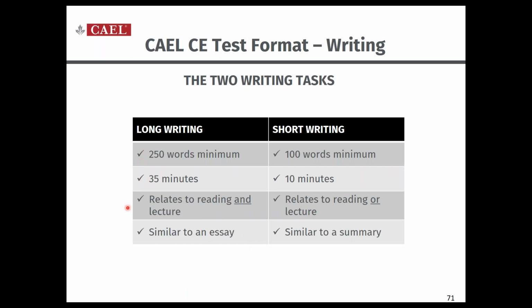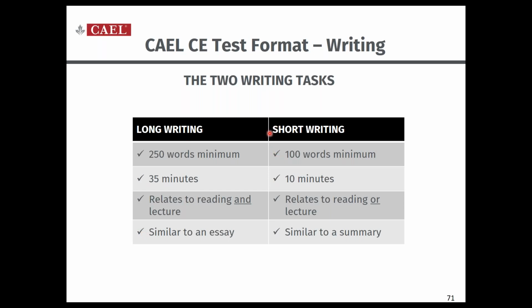You will have 35 minutes. Now, this essay type question is going to relate to both the reading and the lecture. So you'll be expected to draw information from both of those sources. And then because it is very much like an essay, you'll be expected to structure your response in that way.